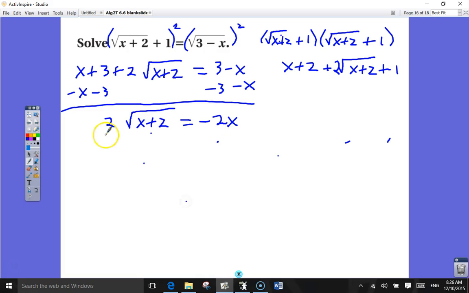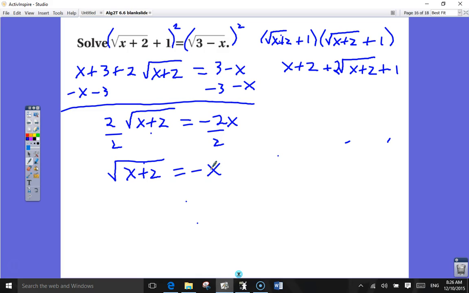Divide by 2, because I'm isolating the radical. The square root of x plus 2 equals negative x. So it's two steps, right? Isolate one radical, undo it. Isolate the other radical, undo it.